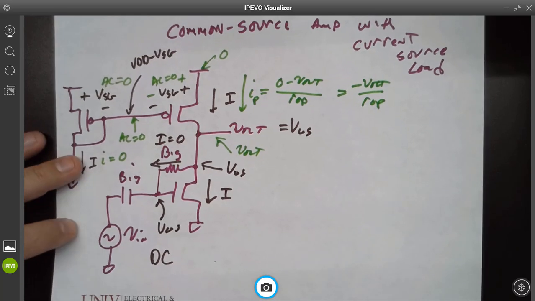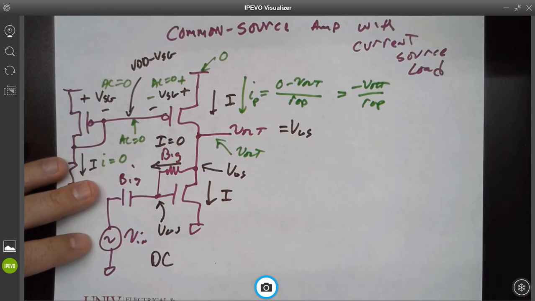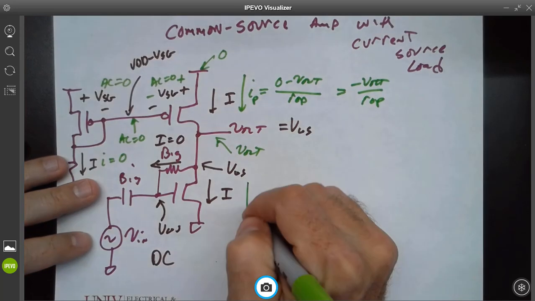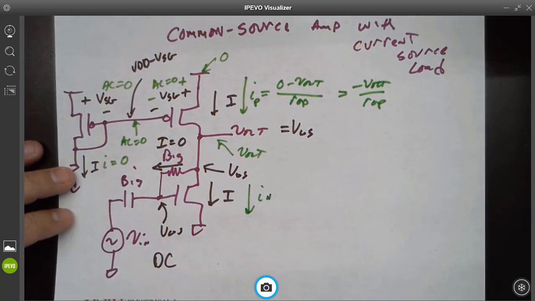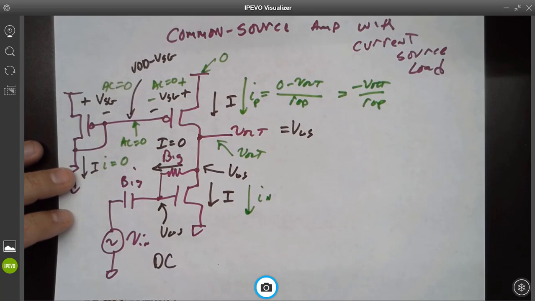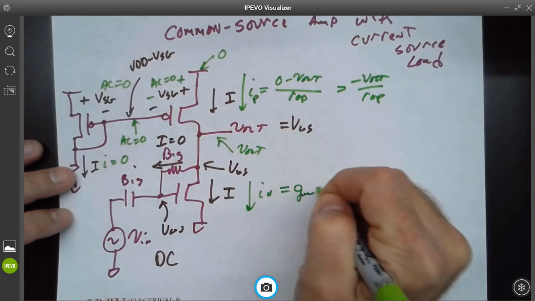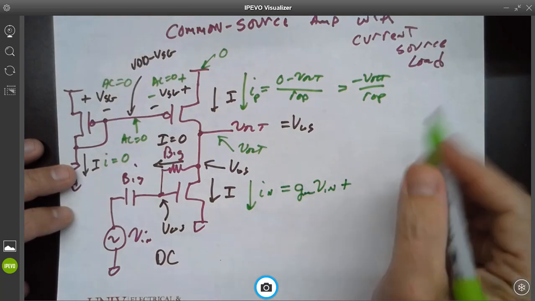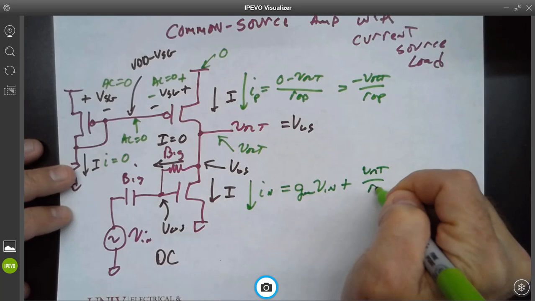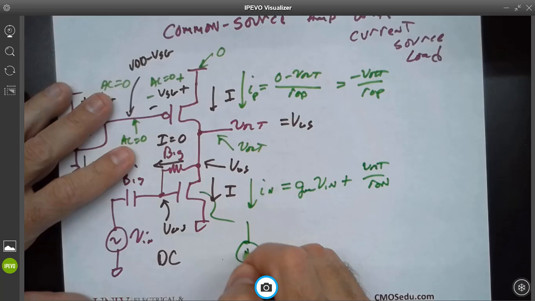Did I make that hard? You make everything hard. Okay, so what's this current? We'll call it IN. It's going to be two parts, right? It's going to be gm times VN plus, because remember, this transistor looks like this.